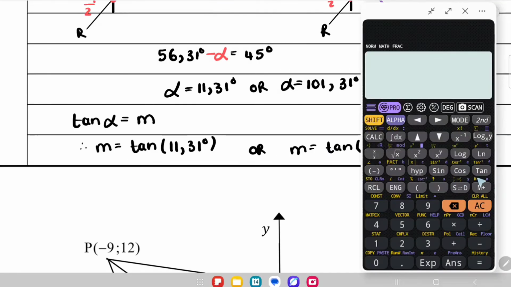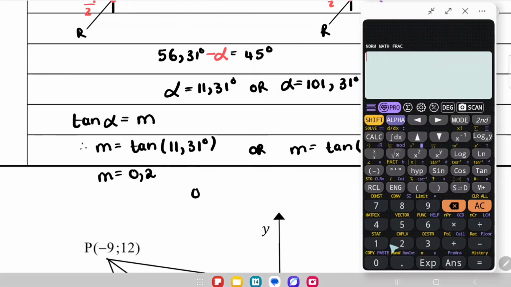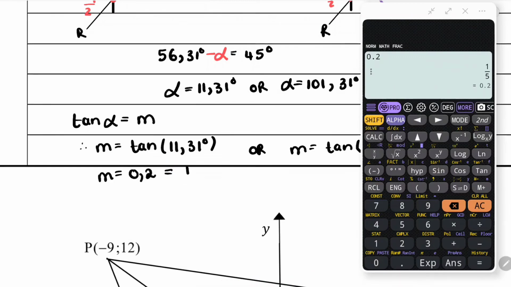So the first one was saying tan 11.31 degrees. And that gives us 0.2000. So this is 0.2, okay? And 0.2 is really just 2 over 10, and that's 1 over 5. So you can just check 0.2 as a fraction is 1 over 5. That's the first gradient it could be.